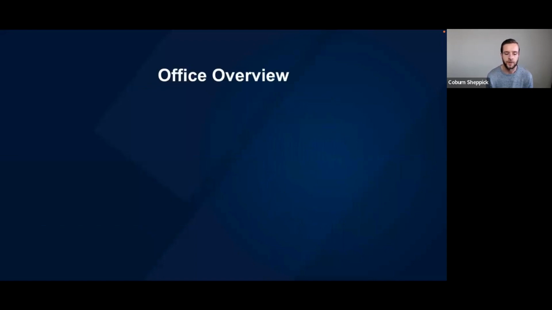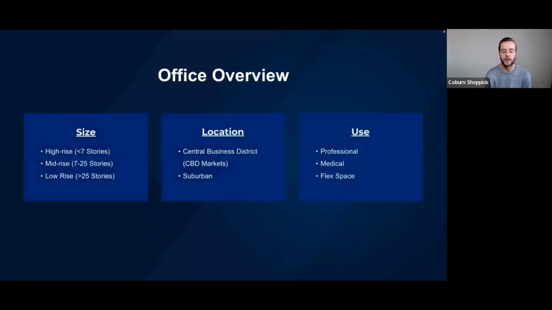So starting with office. Office comes in many different shapes and sizes. Think about downtown San Francisco, then think about your suburban neighborhood. You've got smaller single story medical buildings or unique office spaces. To break this down, office is segmented into three main parts, starting with size.